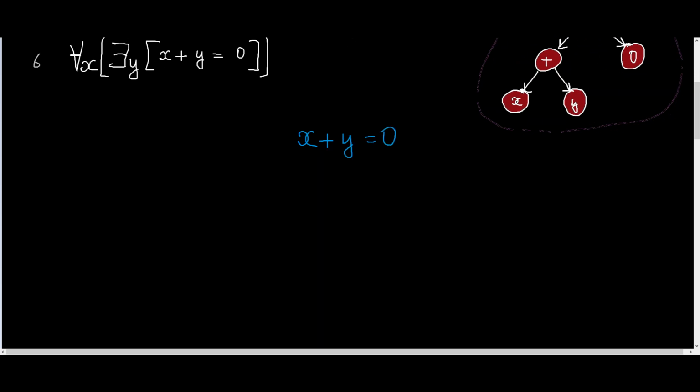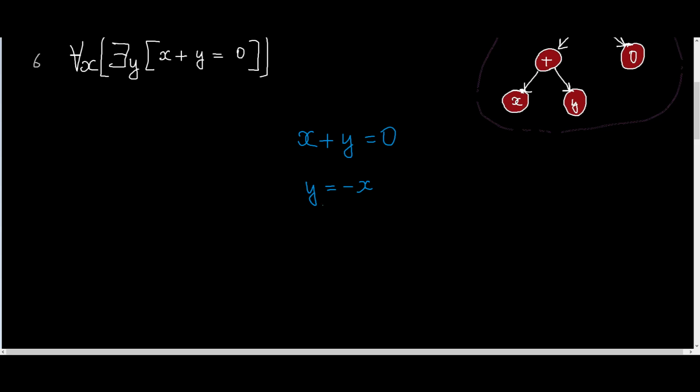So it's like solving an equation, right? For a given x value, I want a y value, so I want to express y in terms of x. And then, for instance, you subtract x from both sides, and you eventually get y equals minus x, right?